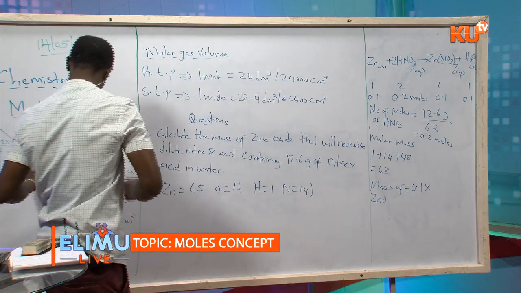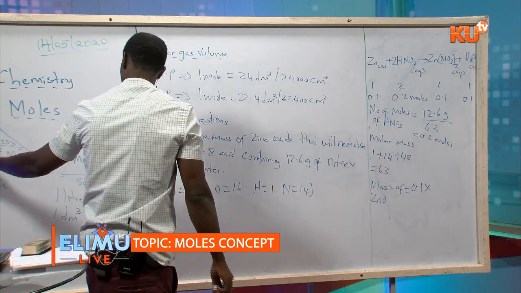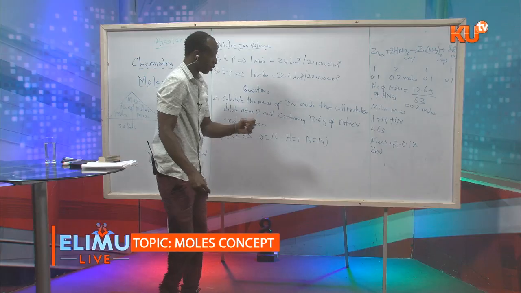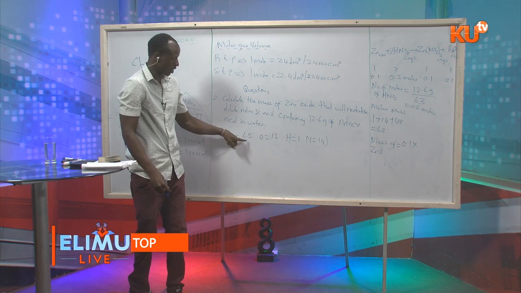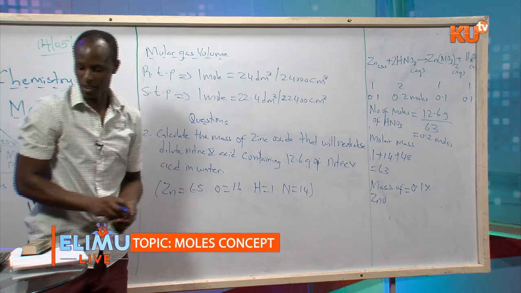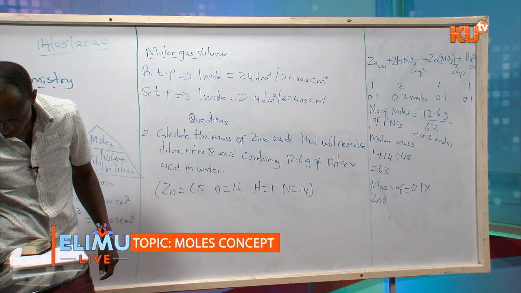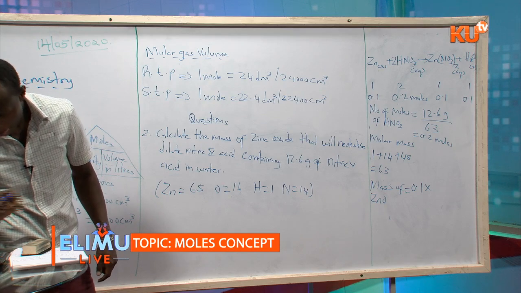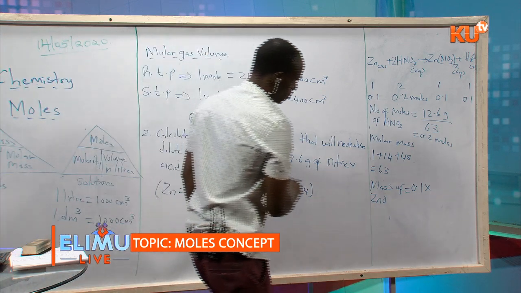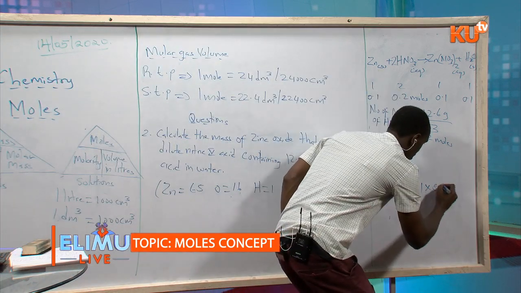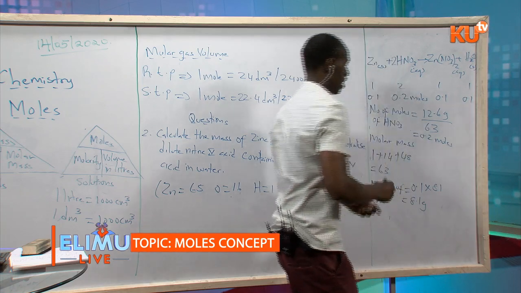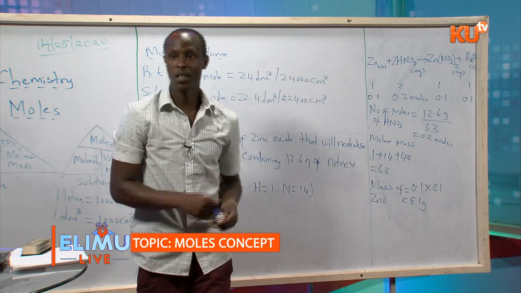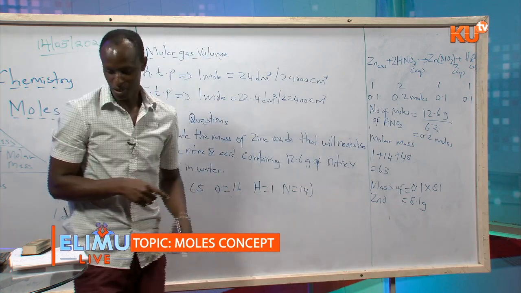ZnO is zinc and oxygen, so that's 65 plus 16, which is 81. So the mass is 0.1 times 81. You get 8.1 grams.